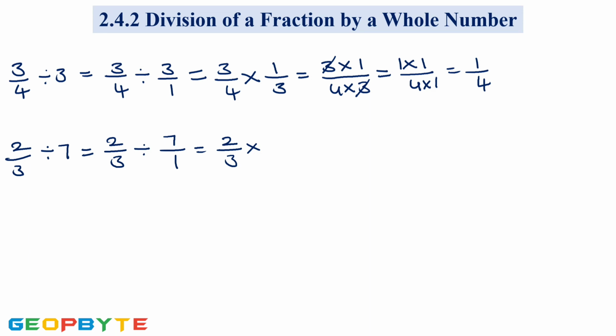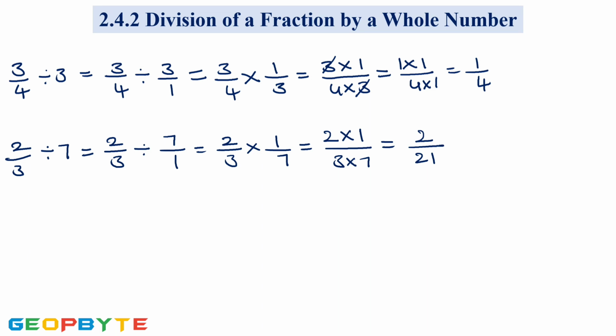The reciprocal of 7 by 1 is 1 by 7, which equals 2 into 1 by 3 into 7. 2 ones are 2, 3 sevens are 21. So the result of 2 by 3 divided by 7 is 2 by 21.